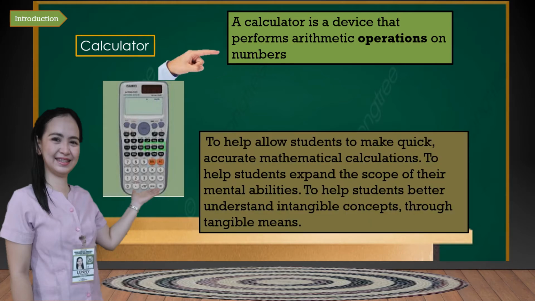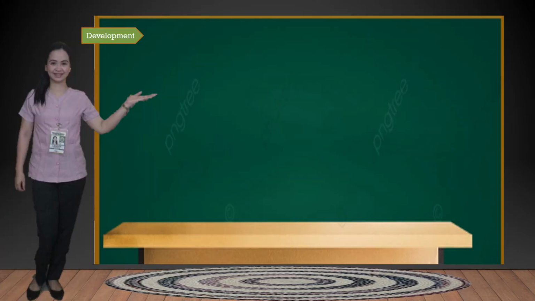It allows students to make quick, accurate mathematical calculations and helps students expand the scope of their mental abilities. And lastly, the calculator also helps students better understand intangible concepts through tangible means. You're good!